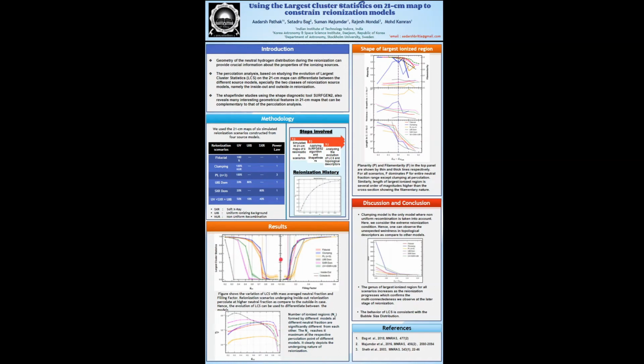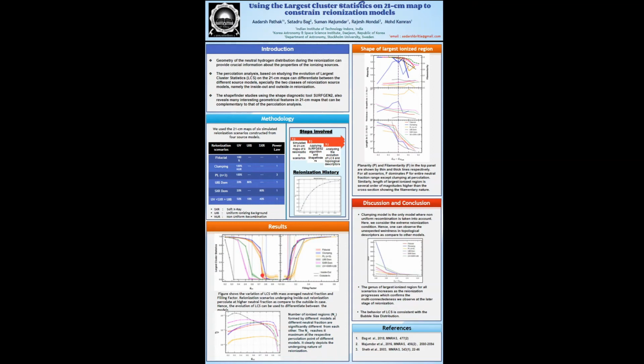We can observe that more or less the evolution of the LCS follows the same kind of trend for all scenarios, although the different scenarios are percolating at different neutral fractions. But interestingly, considering the evolution of LCS along with the percolation, we can essentially differentiate between these different source models. We can also categorize them in two broad categories, which are inside out and outside in reionization.